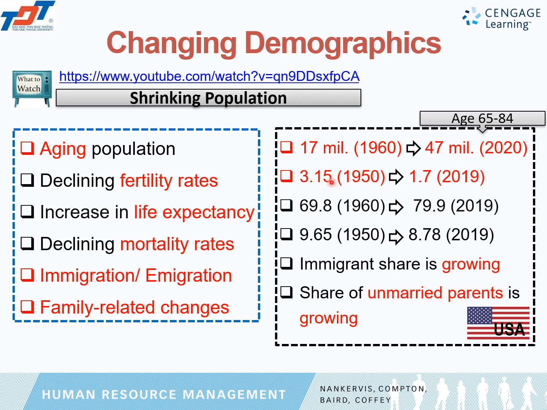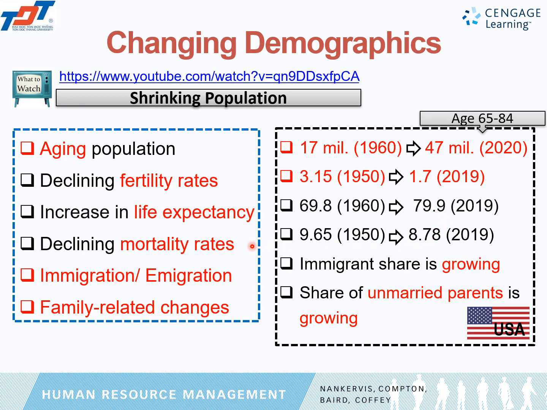About 70 years ago, on average, a woman would give birth to 3.15 babies, whereas today this number stands at 1.7. Luckily, however, there is an increase in life expectancy at birth. So from a little bit less than 70 years in 1960, today on average for both males and females, the life expectancy is almost 80 years of age.